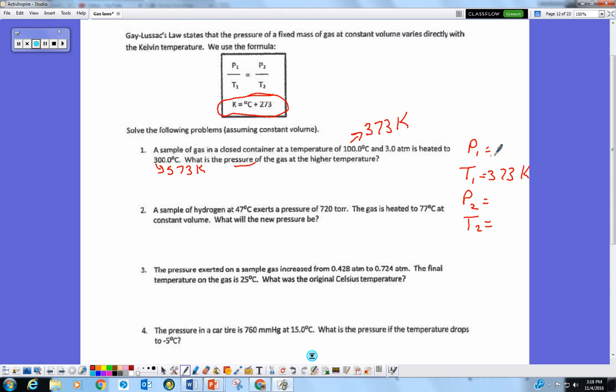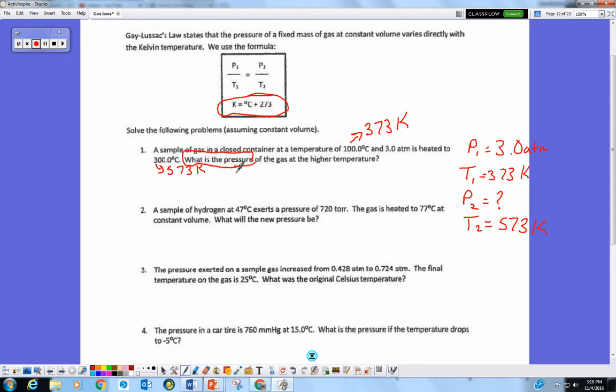Our first pressure is 3.0 atmospheres. Our new pressure is our unknown, because we have what is the pressure, and our new temperature is 573 Kelvin.